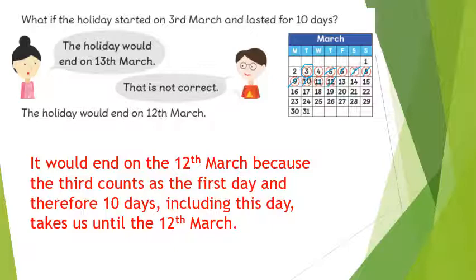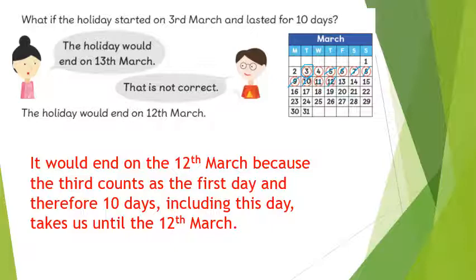So you need to think really carefully about making sure with days that you include that number that you're starting with. This is a little bit different from addition. If you think about when we're adding numbers, we hold the number in our head and then count on for the numbers afterwards.